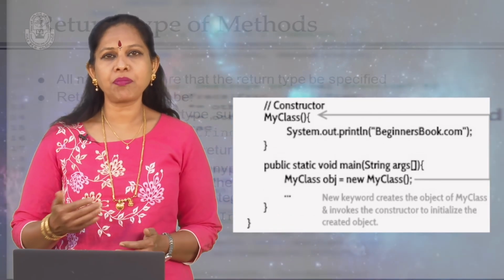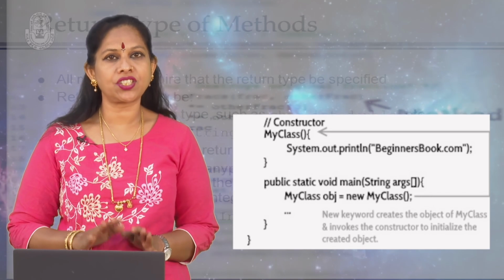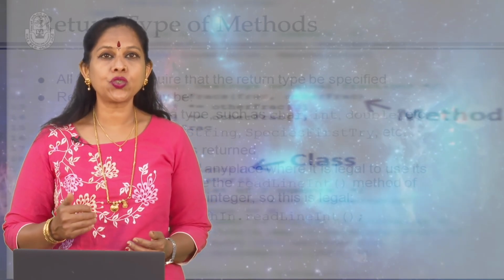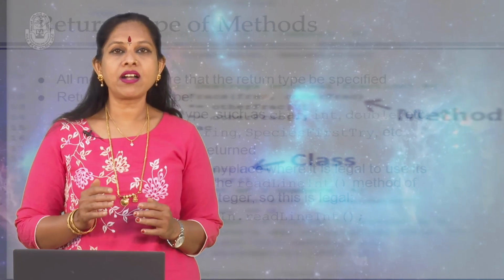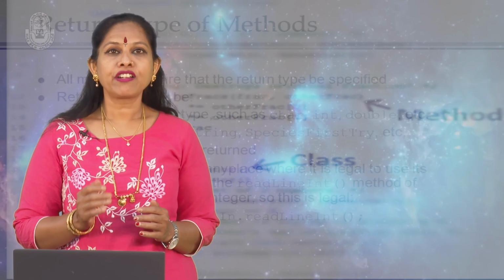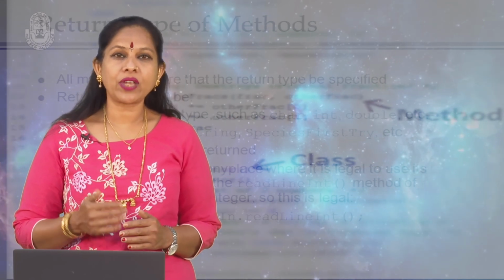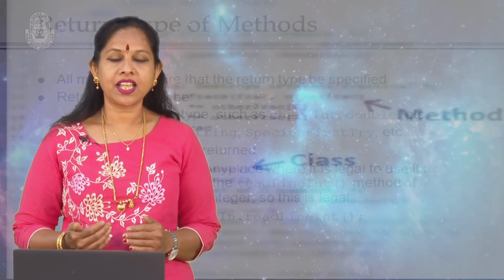They have the same name as the class and do not have any return type. When the keyword new is used to create an instance of a class, Java allocates memory for the object, initializes the instance variables and calls the constructor methods.